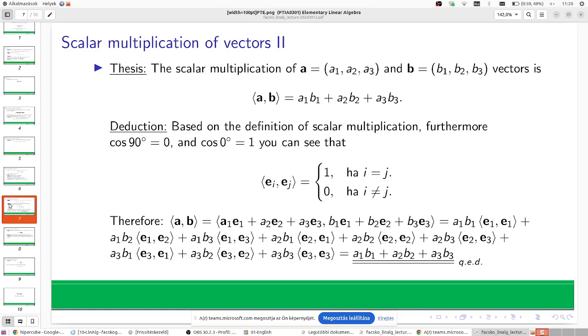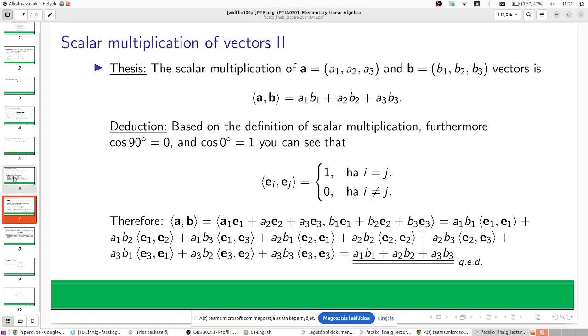So this is a formula that you should memorize. In the next slides, I will show you tricks that we use with this. To deduce and prove this is quite simple.